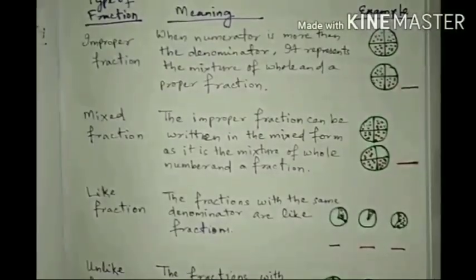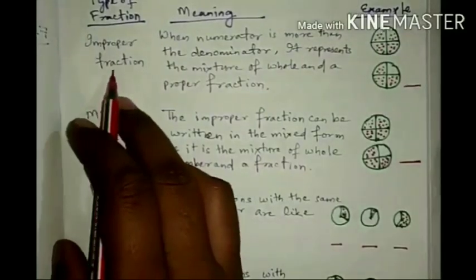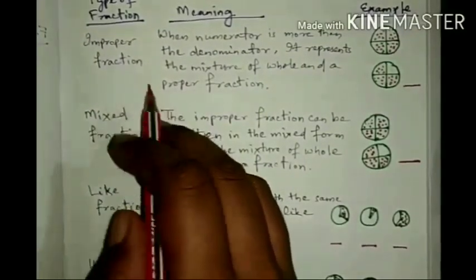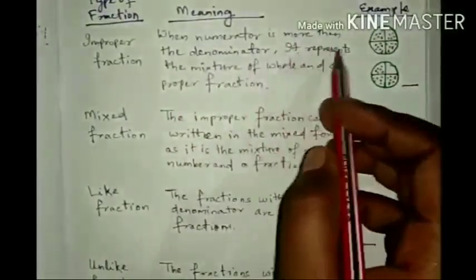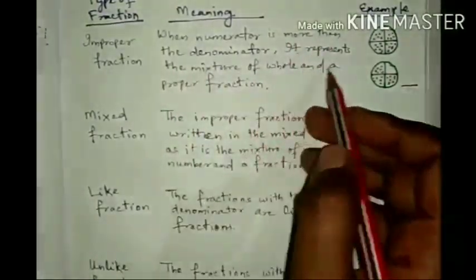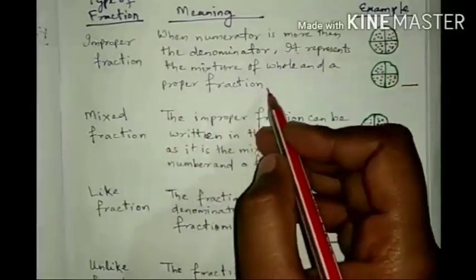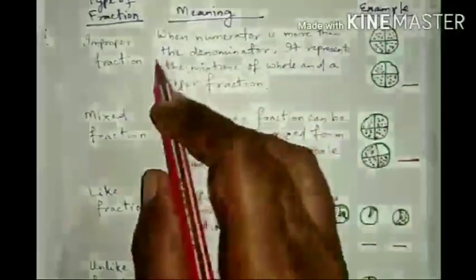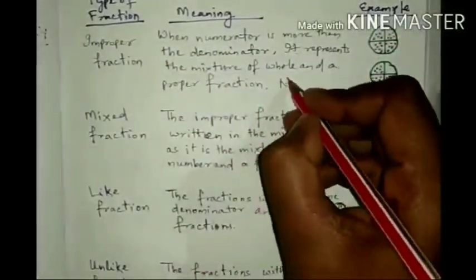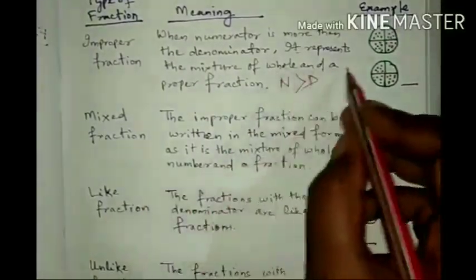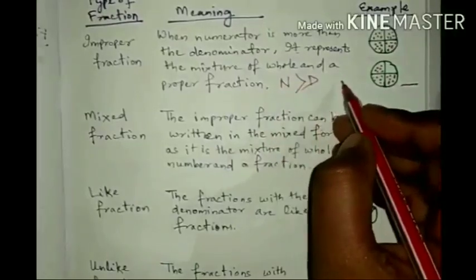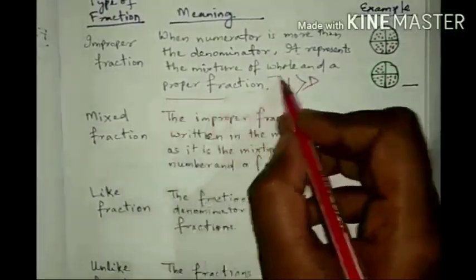Next, number 2 is the improper fraction. What does it mean? When the numerator is more than the denominator, it represents the mixture of a whole and a proper fraction. So an improper fraction is where the numerator is greater than the denominator. And here it is presenting a whole and a proper fraction.